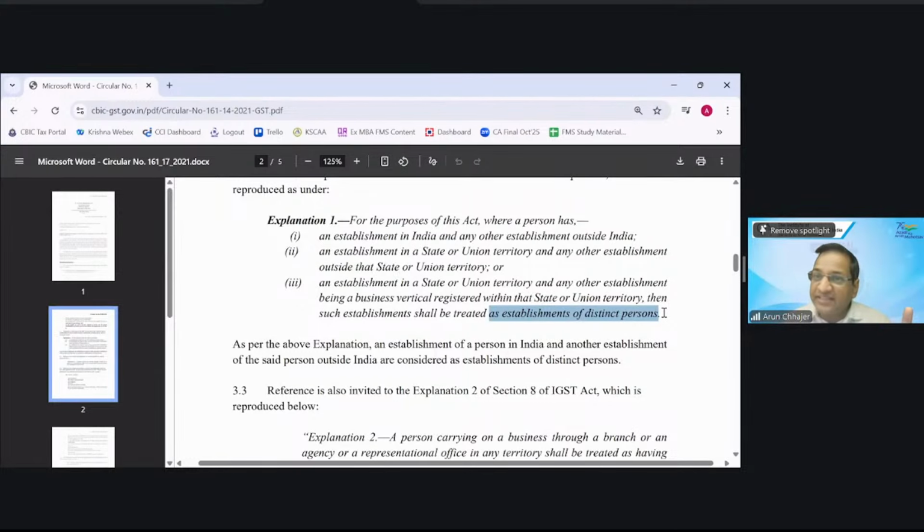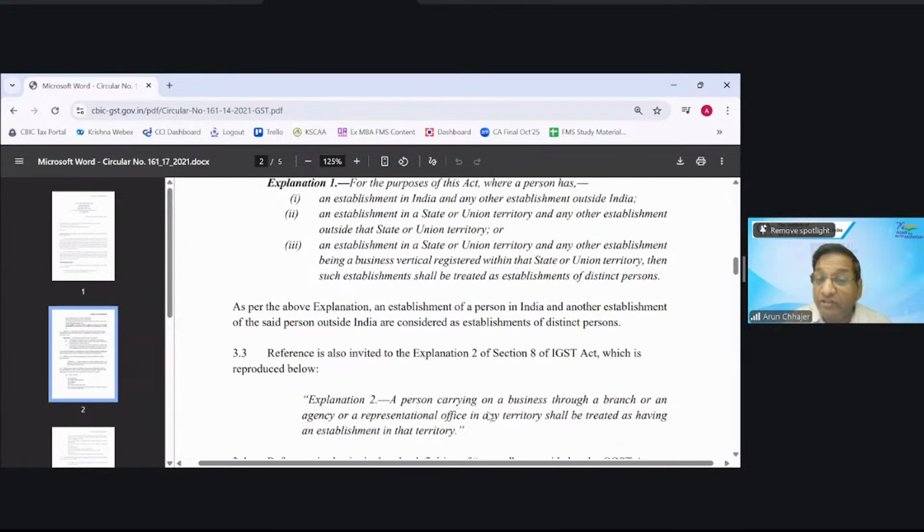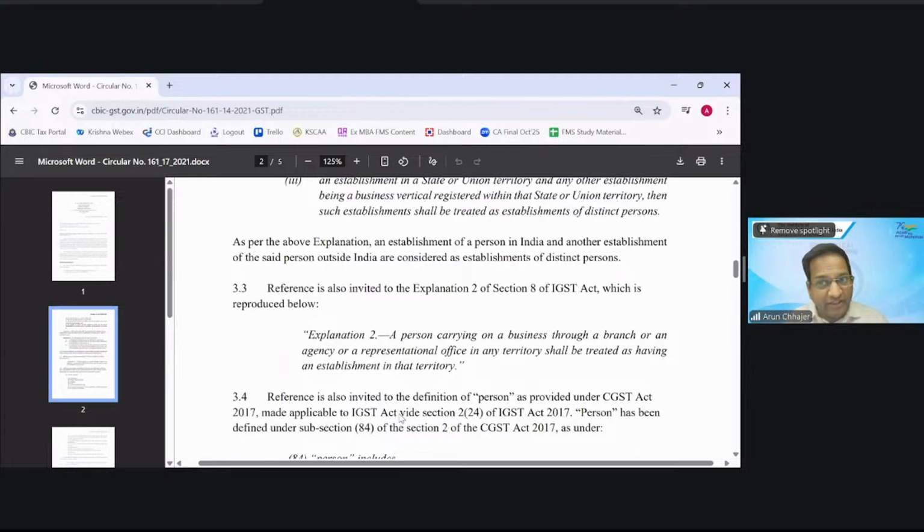Explanation 1 simply says if you have an establishment in India and an establishment outside India, it will be treated as an establishment of distinct person only. And because it is a distinct person, your transaction is not export of service. Now, for the first time, the circular has referred to explanation 2 and linked it with explanation 1.